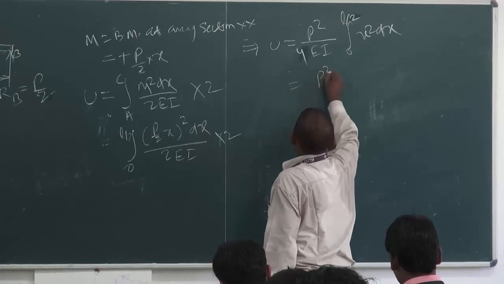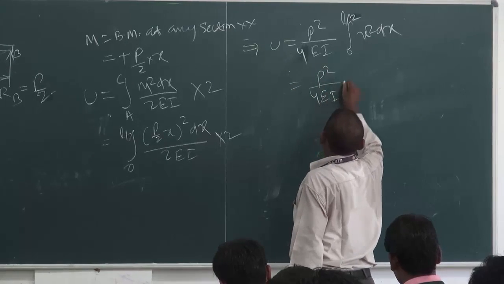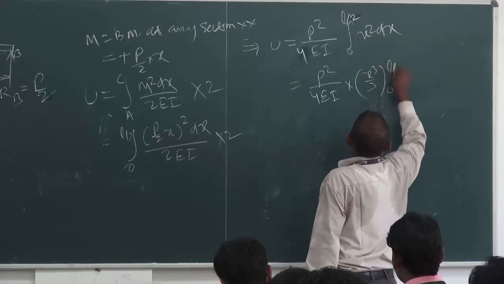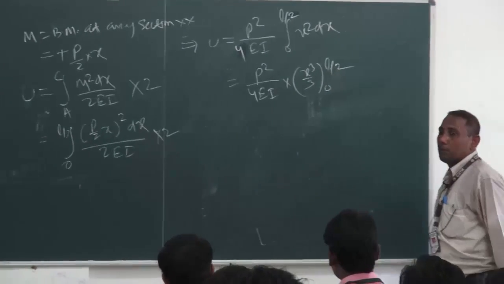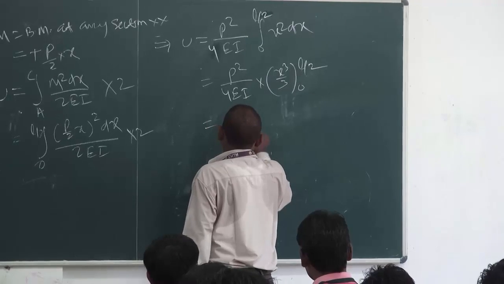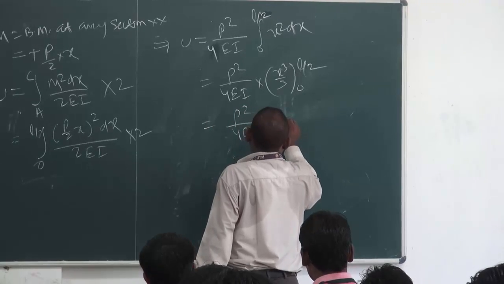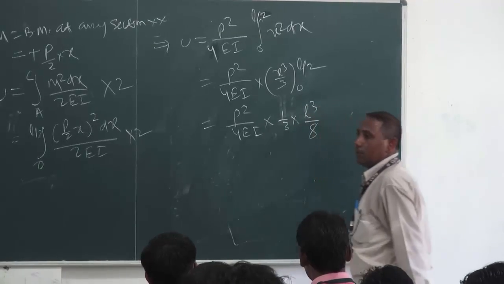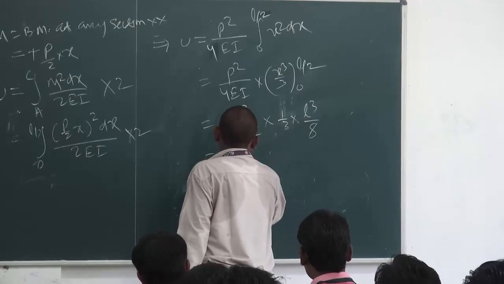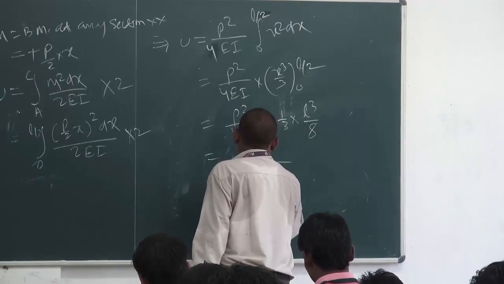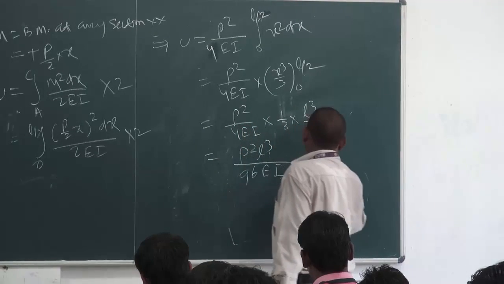This is equal to P square by 4EI into x cube by 3 from 0 to L by 2. And this is equal to P square by 4EI into 1 by 3 into L cube by 8. So from which it is P square L cube by 96 EI. This is equation number 1.